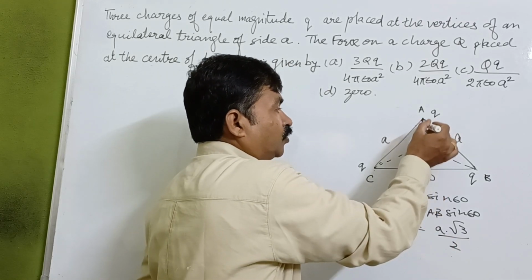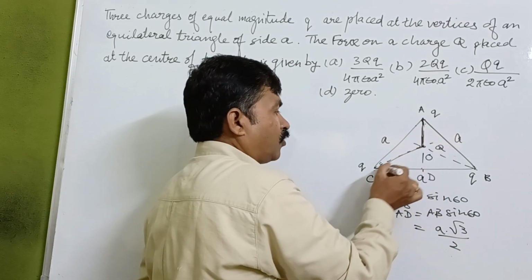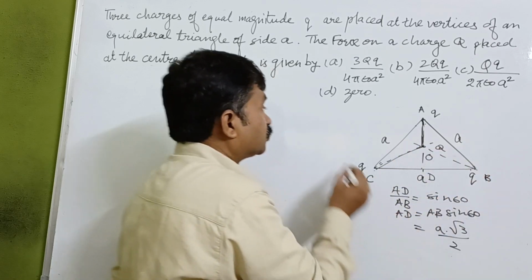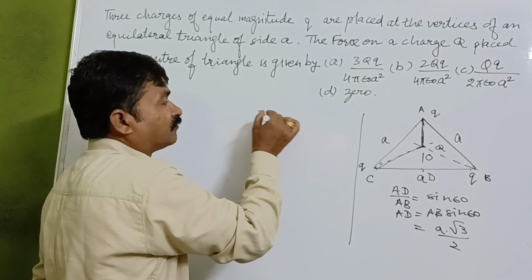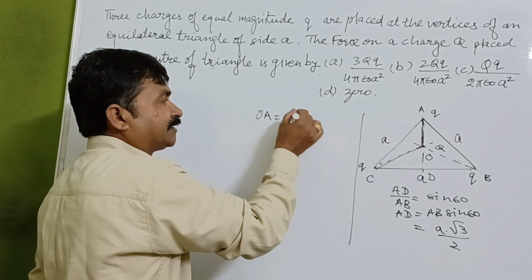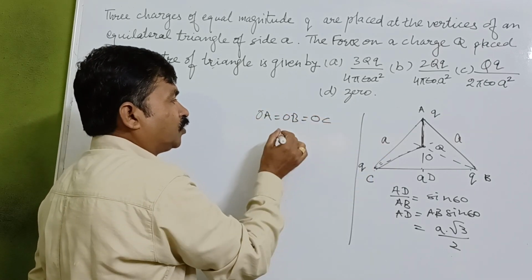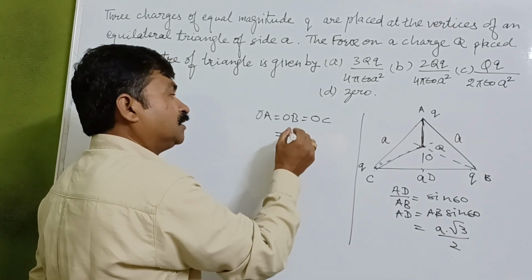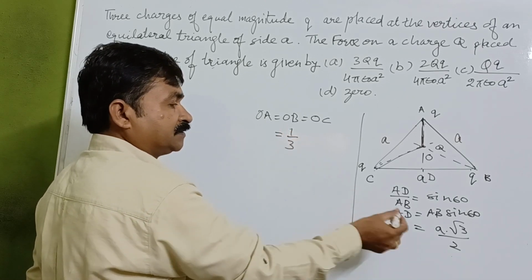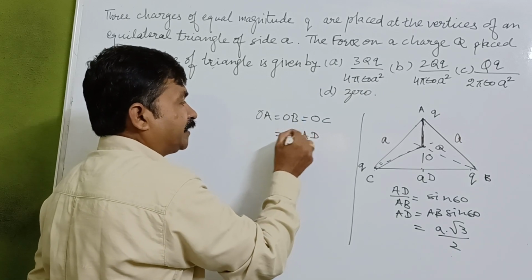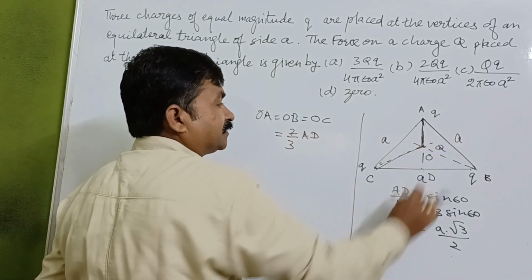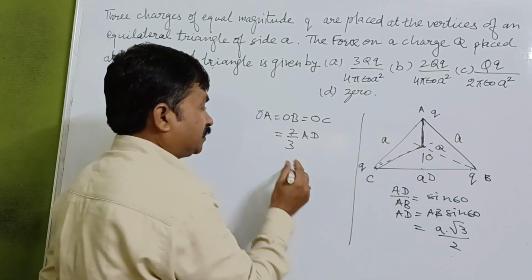Now we want to know OA, OB and OC. Here OA is equal to OB, which is equal to OC, because it is at the center, and it is 2/3 of AD. Sorry, 2/3 of AD, since 1/3 will be this distance and 2/3 will be this.